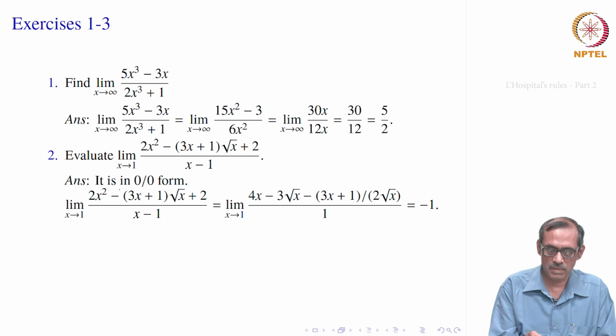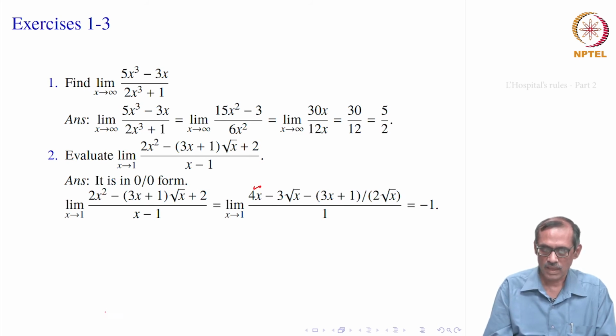So, we take the derivative of the numerator which is 2x square gives 4x and plus 2 of course gives 0. This one only it is in f by g form, right, derivative of a ratio.